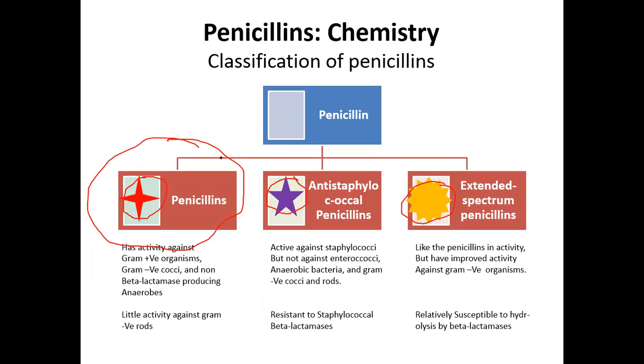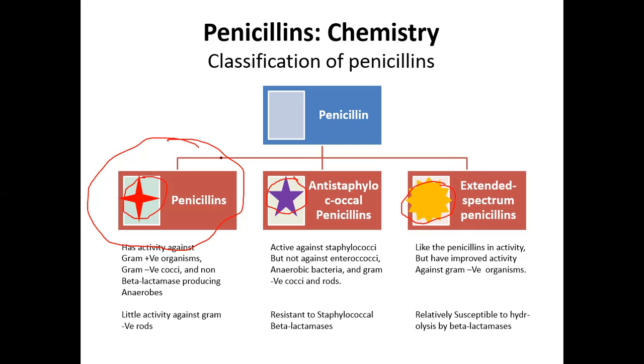Now, the penicillins, they have activity against gram-positive organisms, okay, gram-negative cocci, and non-beta-lactamase producing anaerobes. Now, I think this should bring to you the reasons clearly why I started by giving you the table that classifies the organisms, because you have to remember these organisms.